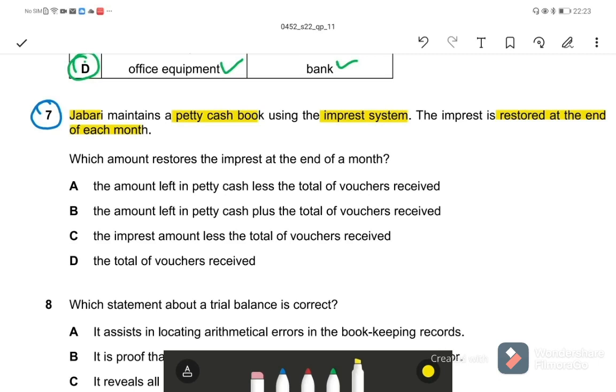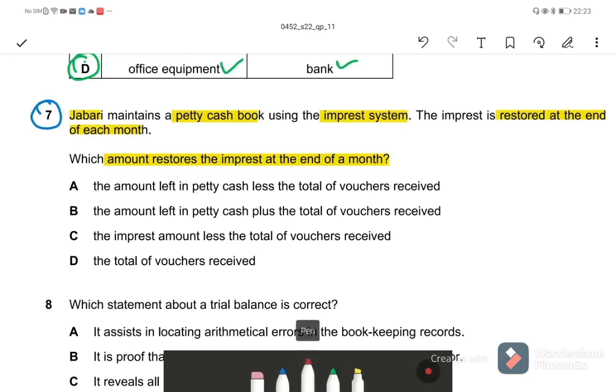So at the end of the month, the business will restore the amount they spent in that month. It means the total of vouchers they received. So the options we can see, which amount restores the imprest at the end of the month.